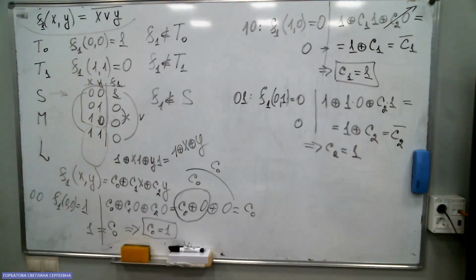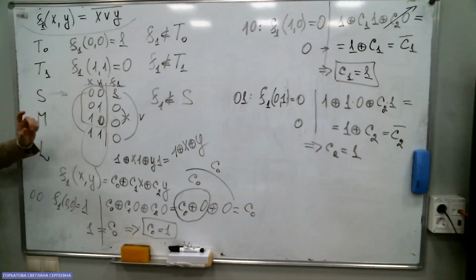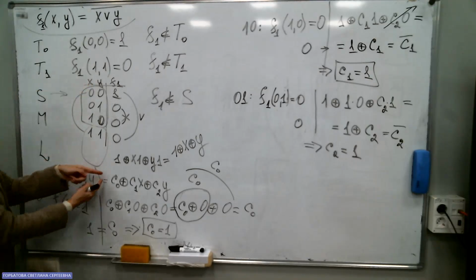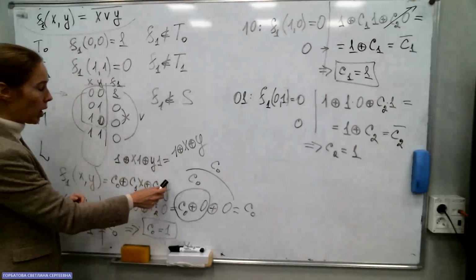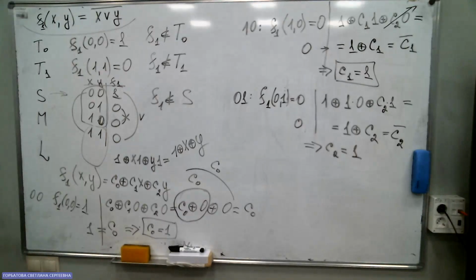If you have more variables, for example 3, so for getting the expression, how many points do we need? Let's imagine that we have 3 variables, x, y, z. A little bit longer expression, plus modulo 2 C3 z.